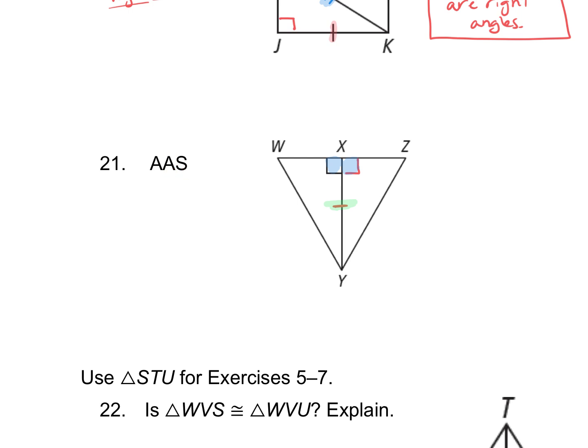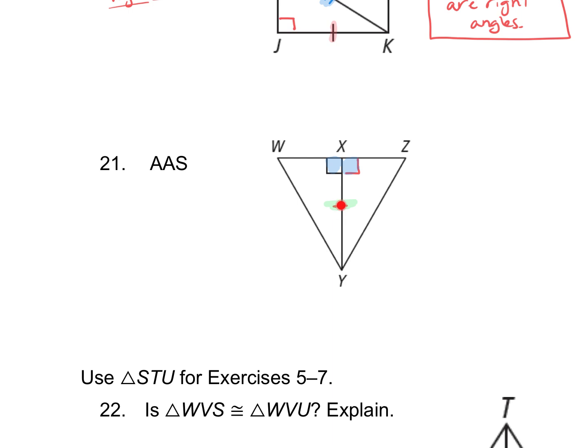We want to choose the angle that would make sure that this side is not included between the two angles, because angle, angle, side is a non-included side. If they wanted the included side, the S would be in between the two angles right there. So if I were to mark this angle congruent, then I would have two angles and the side in between them.